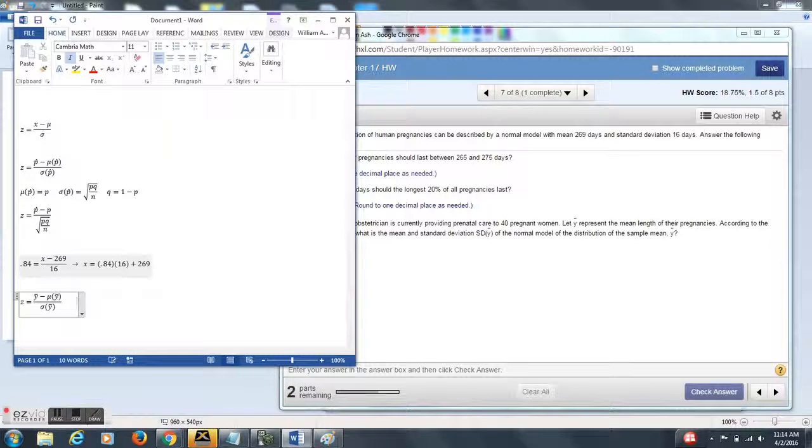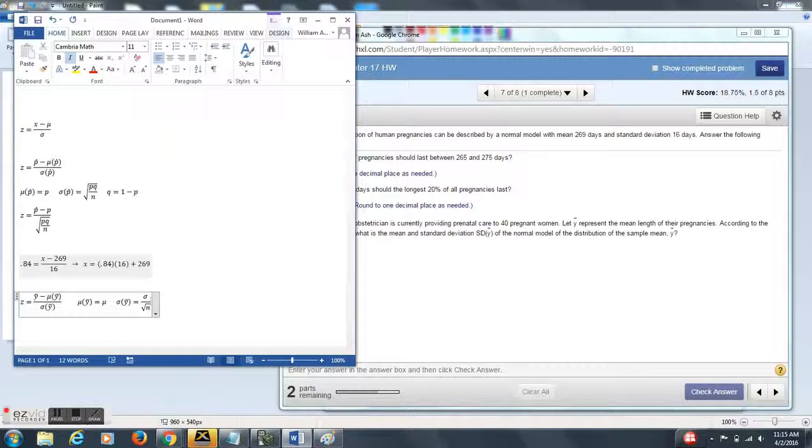The central limit theorem says that mu of y bar equals mu, and sigma of y bar equals sigma over the square root of n.